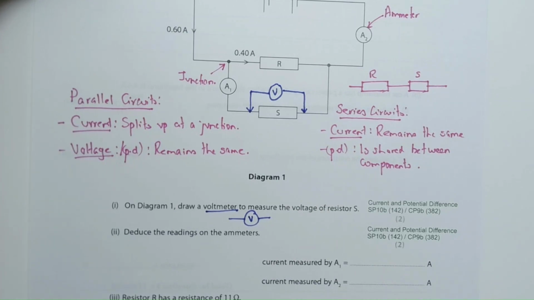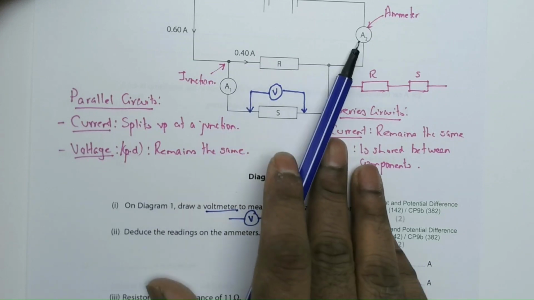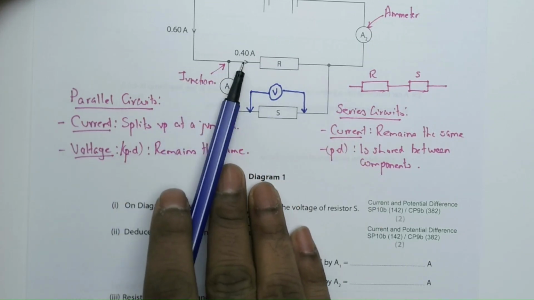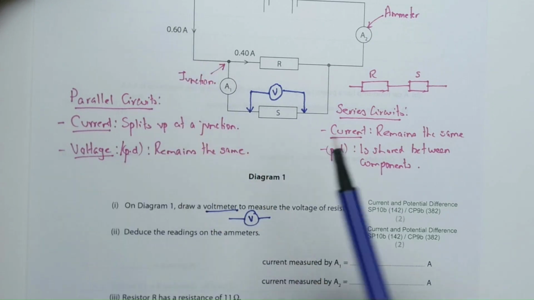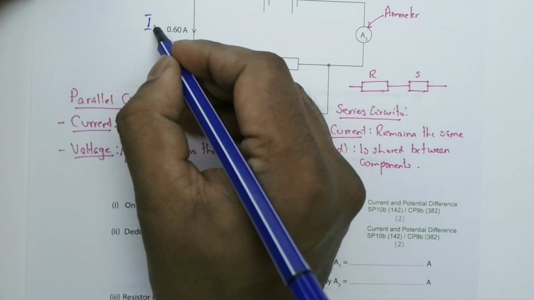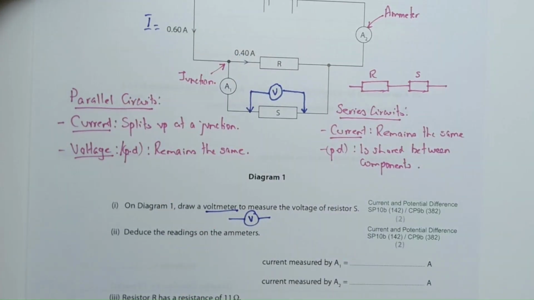Now part 2: deduce the readings on the ammeters. So what is the current in A1, which is over here, and the current in A2, which is over here? The symbol for current is I, and the total current is 0.6 amps.